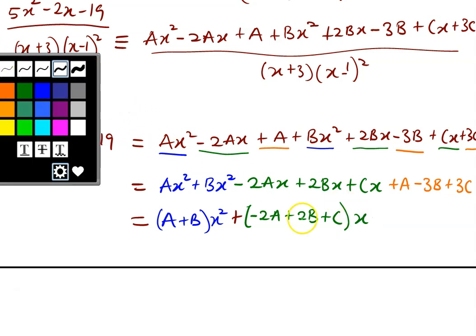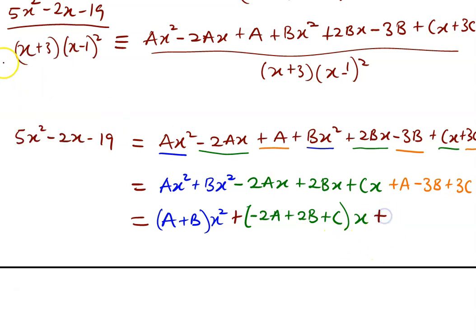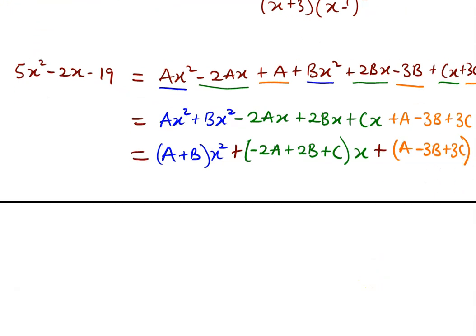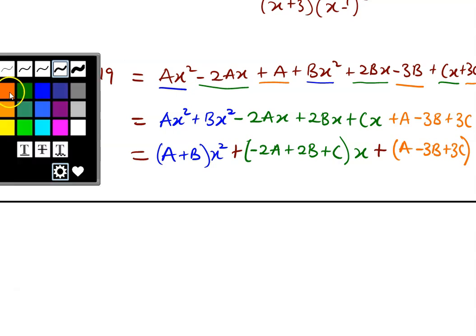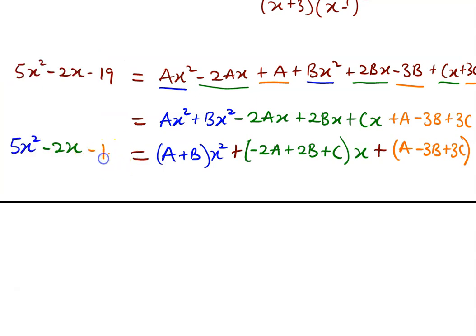Then the last one, that's the orange one, which is the constant: a minus 3b plus 3c. So this is also identical to 5x squared. Then we have the green side, which is minus 2x, then the orange side, which is minus 19.